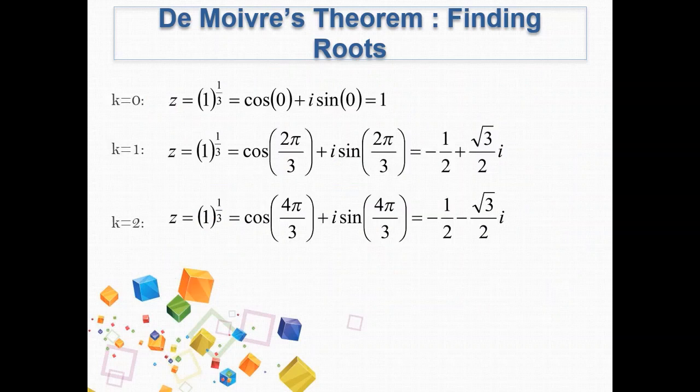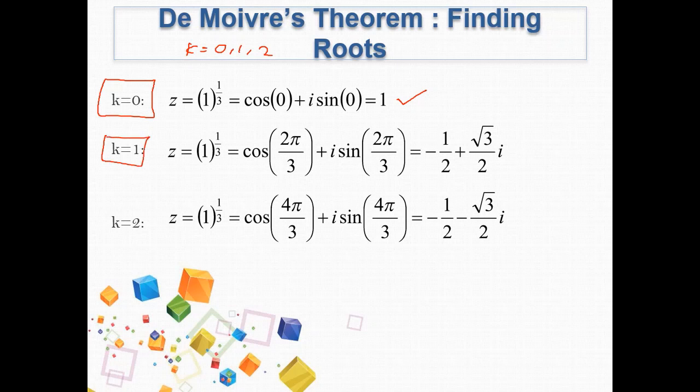Okay, so from the general formula that we have in the previous slide, now we substitute for k equal to 0. When k equal to 0, what we'll have is cos 0 plus i sine 0. Okay, so you can substitute this. Find the value of this from the calculator, you get 1. Okay, now because you have k from 0, 1 and 2, you need to do for 1.